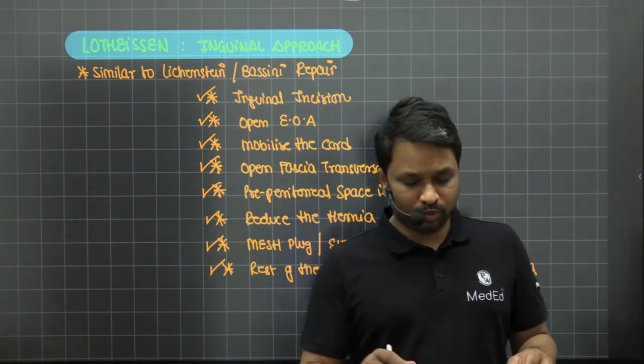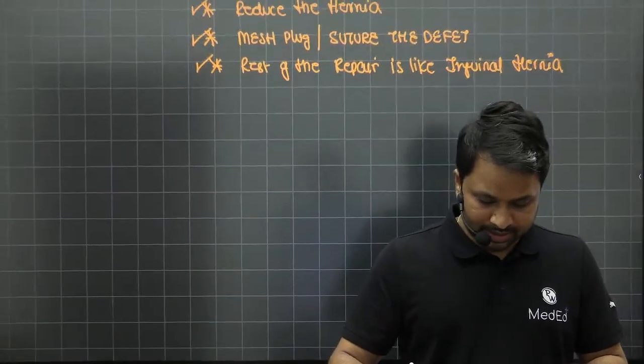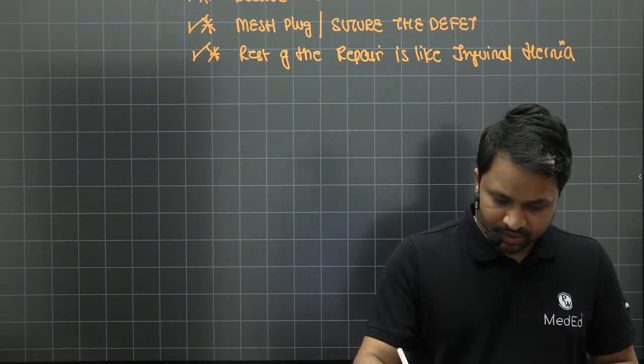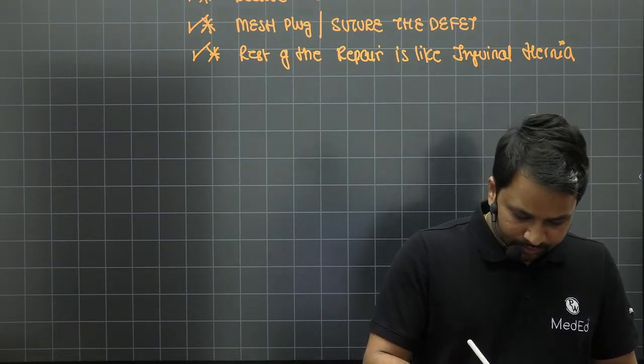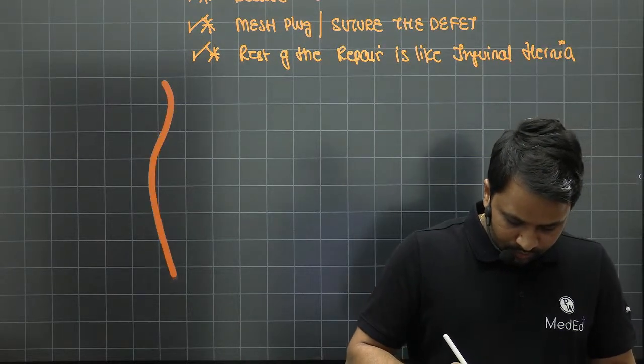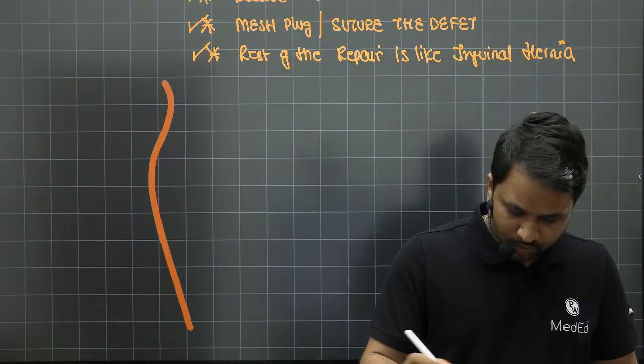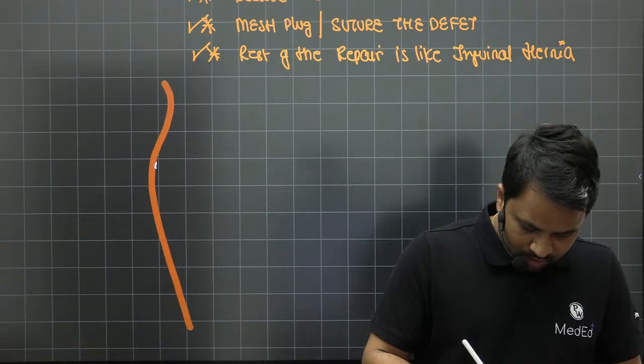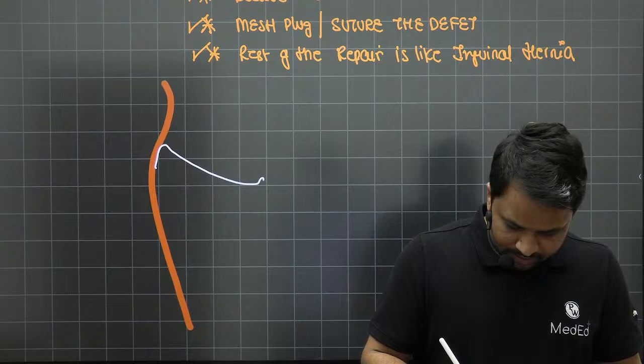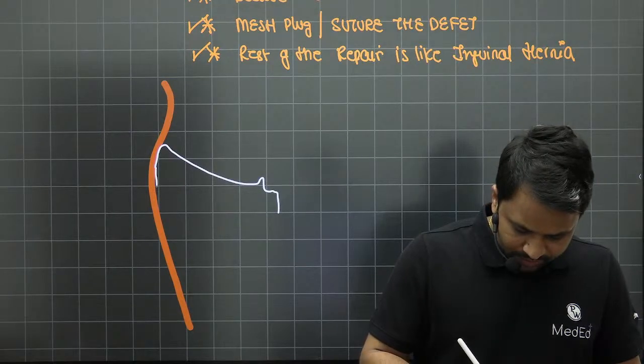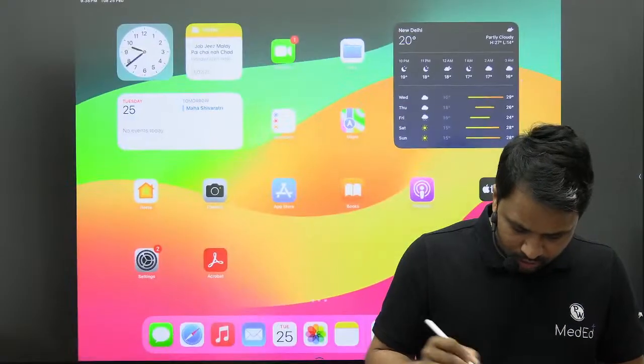Now, what do you mean by this, right? Again, we'll take the same component. So you have the patient. This is your anterior superior iliac spine. This is your pubic tubercle. This is your pubic symphysis. This happens to be your pubic bone.